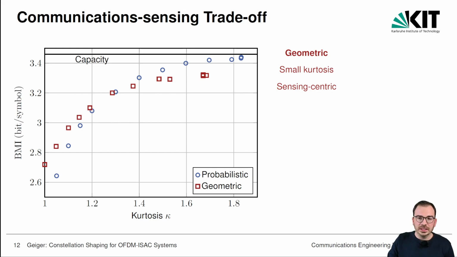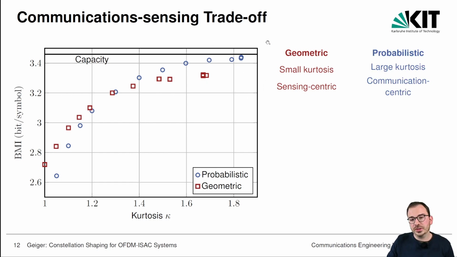And this means that geometric shaping is more suited for sensing-centric applications where strict sensing constraints are more likely. On the other hand, for a large kurtosis constraint, we find that probabilistic constellation shaping can close the shaping gap much better than geometric constellation shaping. So we can conclude that probabilistic constellation shaping is more suited for communication-centric ISAC systems.